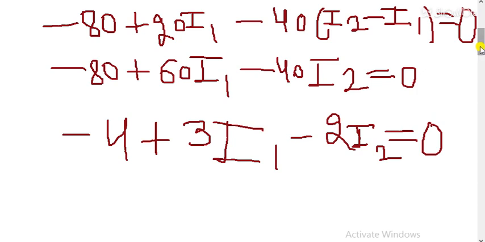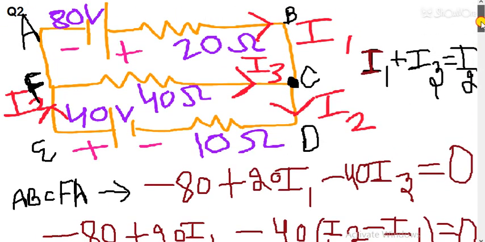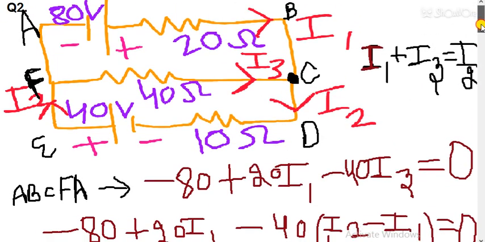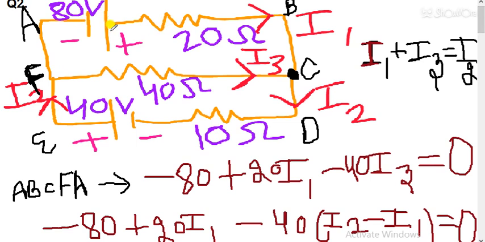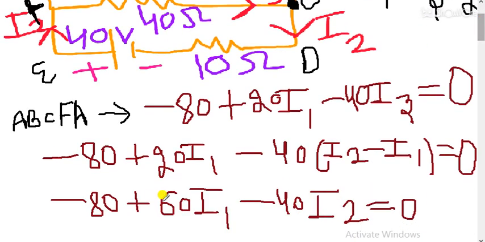I am repeating again. So we have taken the circuit ABCFA. Here we are moving from negative to positive, so I am taking it minus 80, positive in the direction of current 20 I1, and now moving opposite to the direction of current, so minus 40 I3. After that I have put the value of I3 in terms of I2 and I1. So I3 is equal to I2 minus I1 from this equation, that is Kirchhoff's current law at C. And then I got minus 80 plus 60 I1 minus 40 I2.